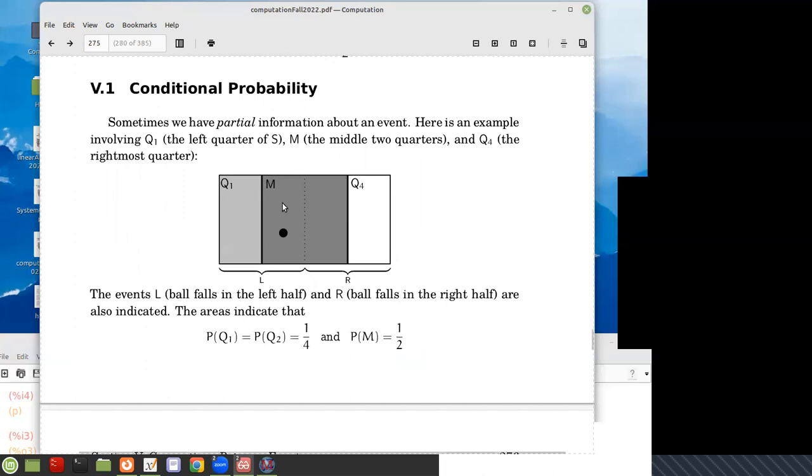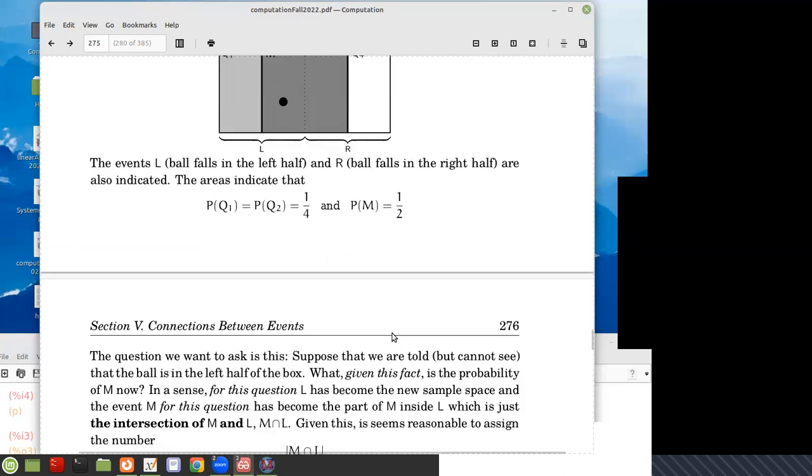The middle is sort of Q2 and Q3. Q1 and Q2 are each 1/4, so the probability it's in Q1 is the same as the probability it's in the second quarter, which is 1/4. The probability it's in the middle is 2/4, or 1/2.